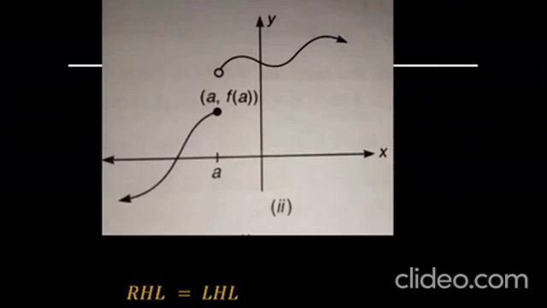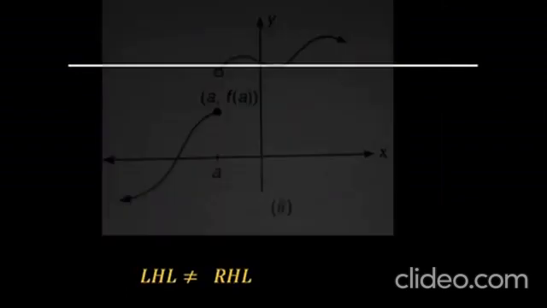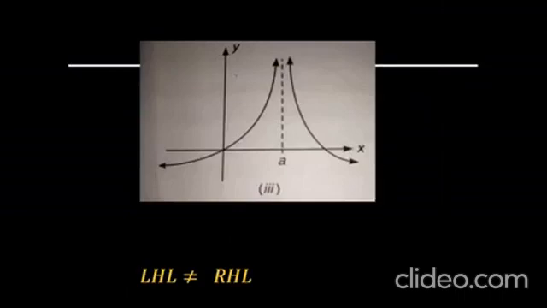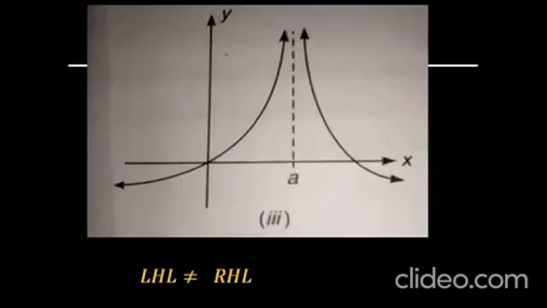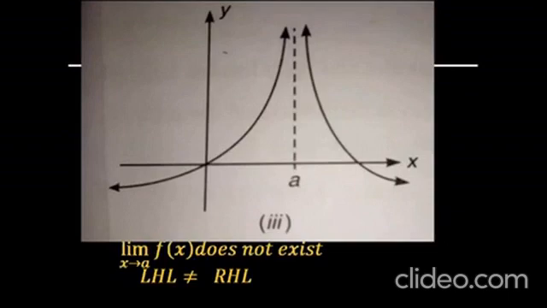So we can say the function is discontinuous at the point A. In the third graph, the limit does not exist because it approaches infinity near the point A. The limit not existing means the left hand limit is not equal to the right hand limit, and the graph doesn't meet at the point A. So f(a) is not defined, and this is not a continuous function.